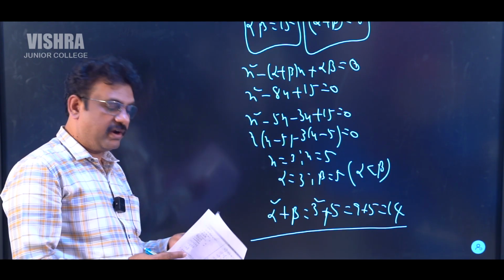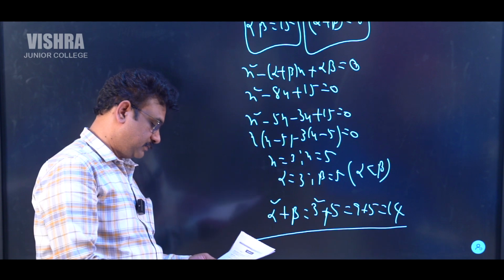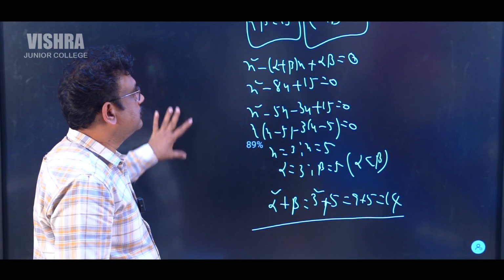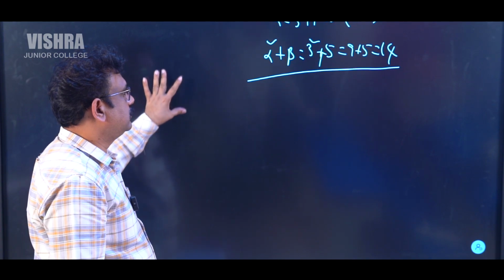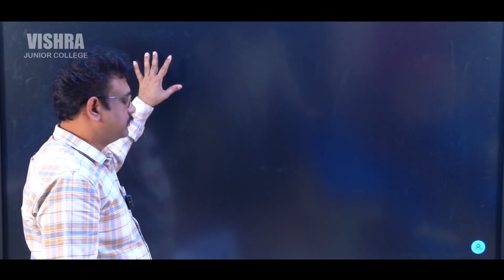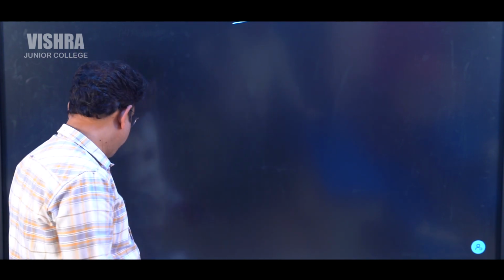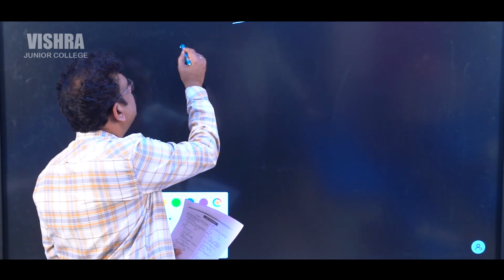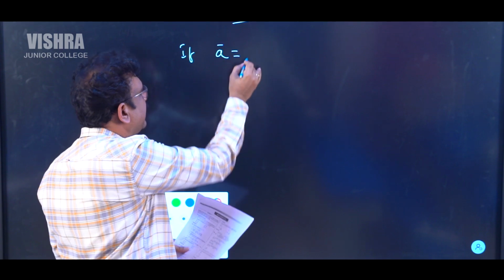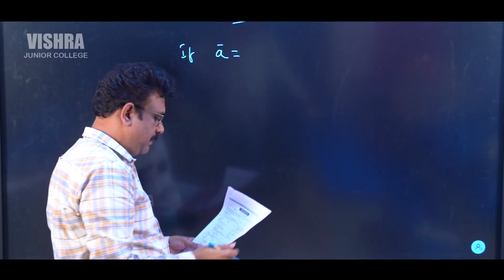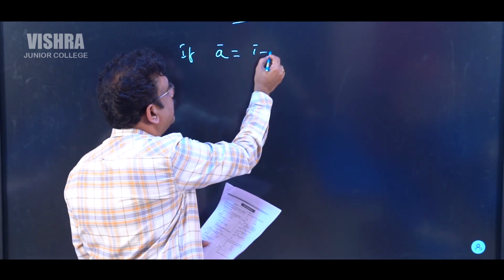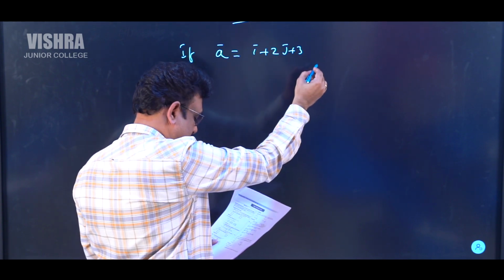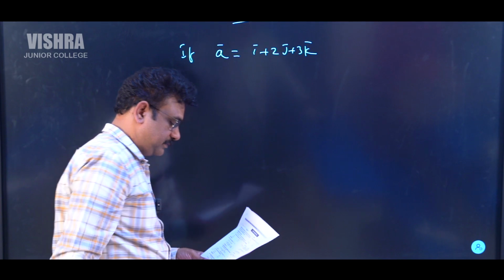Now from vector algebra, if A bar is equal to I bar plus 2J bar plus 3K bar.